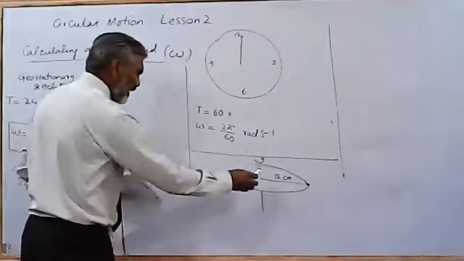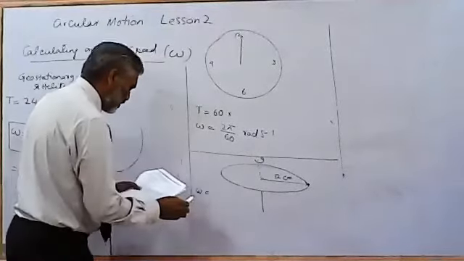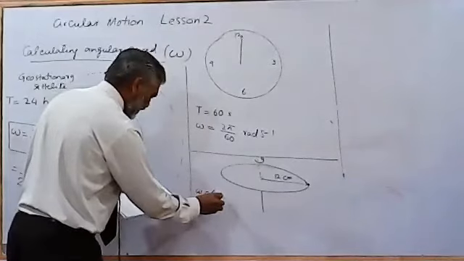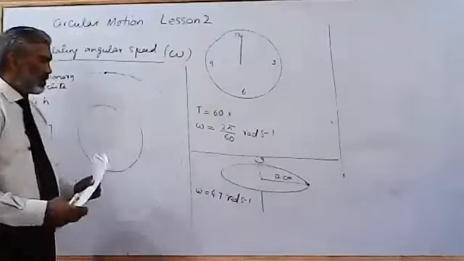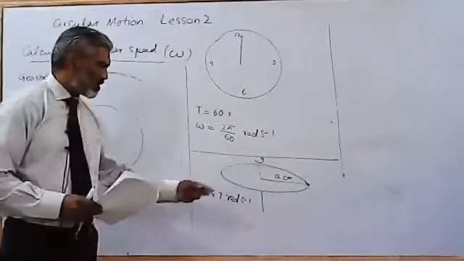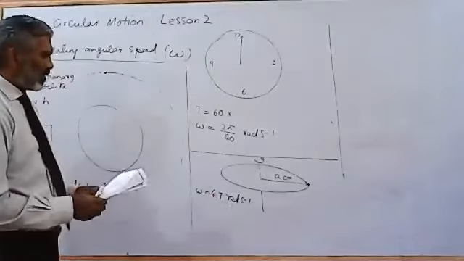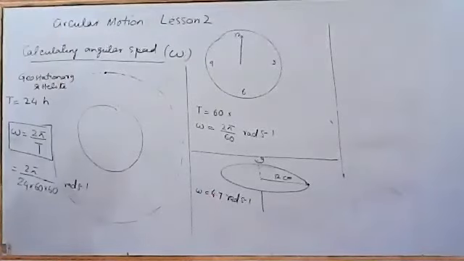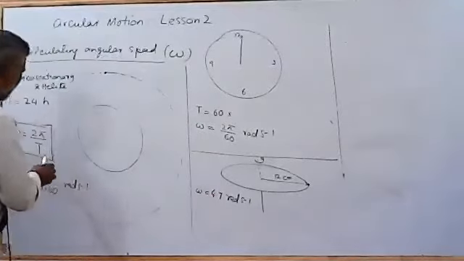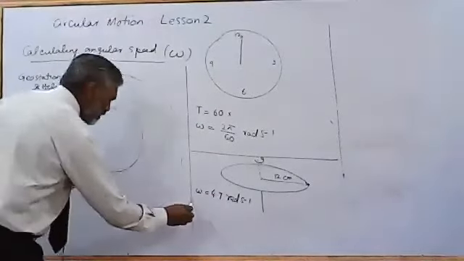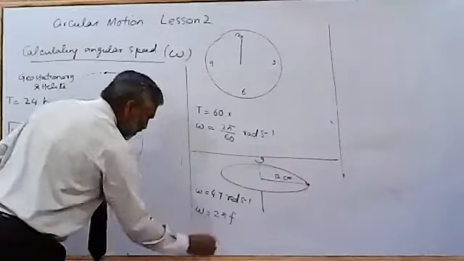If I ask you to calculate the frequency of this object, I must inform you about omega. This is 4.7 radian per second. This is given. Omega for this disk is given to be 4.7 radian per second. What will be the frequency of this rotation? You will be using another equation, omega is 2 pi f.